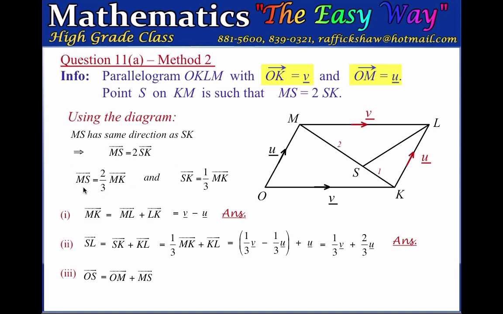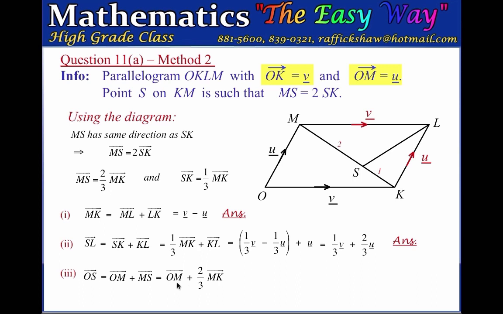And it is good to have the MS written in terms of the MK because again, we know what MK is. MK is V minus U. So I'm going to rewrite this equation as OM plus 2/3 MK because the MS here is 2/3 MK.